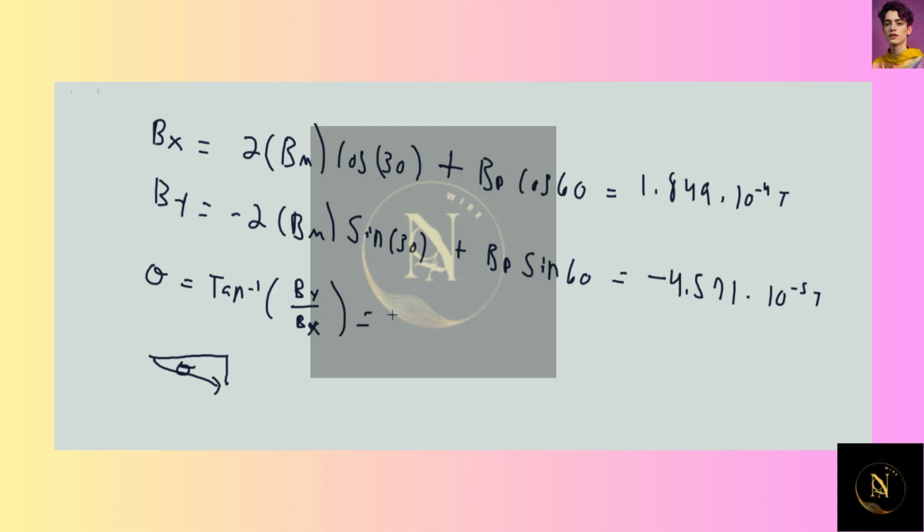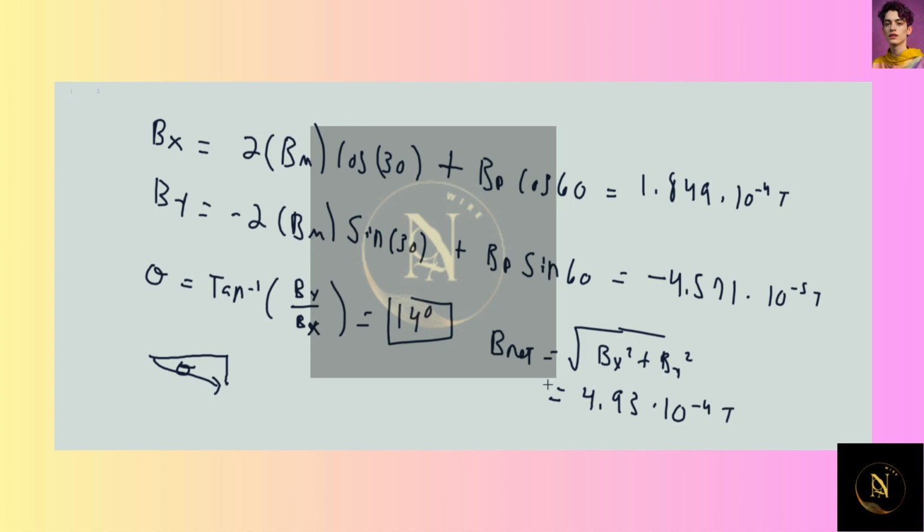And so we do that, and we should get 14 degrees for theta, so negative 14 degrees from the x-axis. And for our magnitude, we say that B net equals, just add these in the square root, Bx squared plus By squared. And that comes out to be 4.93 times 10 to the minus 4 Teslas. So there we go, our magnitude and our direction at point O.